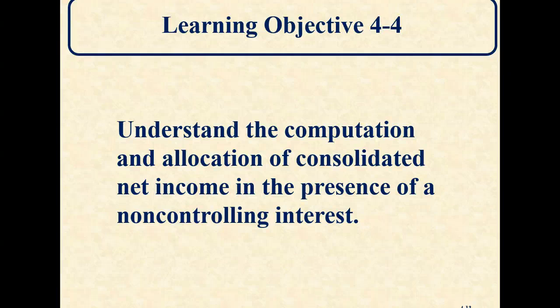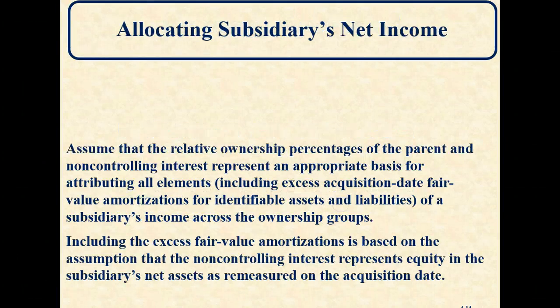Okay, so now we're going to look at how we handle consolidating these financial statements, and then from there, how we handle showing this non-controlling interest that is a part of this company.